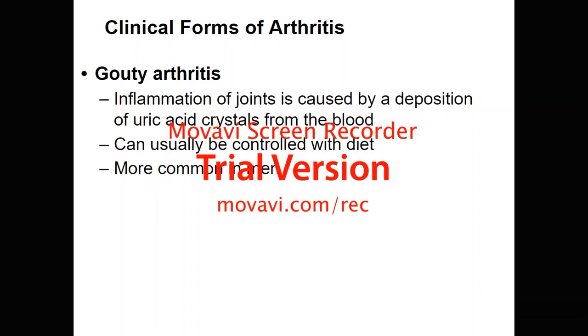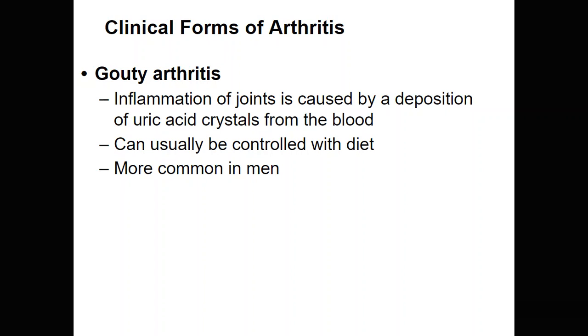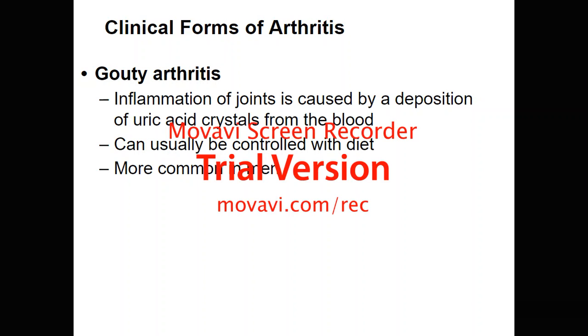I've never experienced it, but I've heard it's extremely painful. Again, it usually occurs in the big toe, and men who have diets of a lot of red meat and red wine tend to have more inflammations of gout. Okay, more common in men.